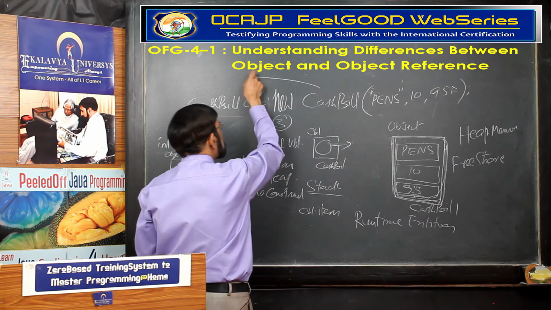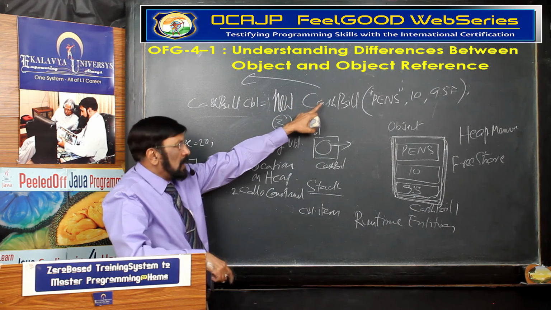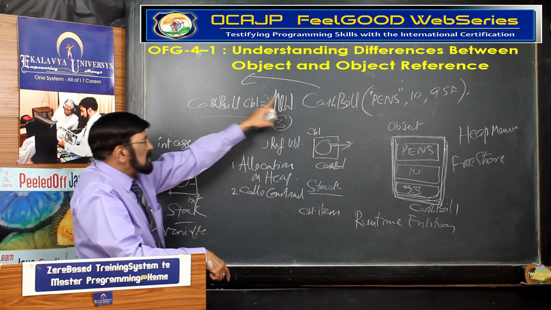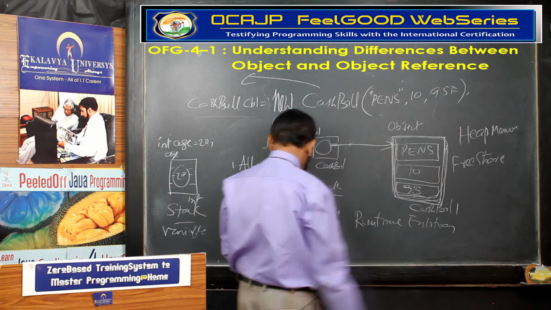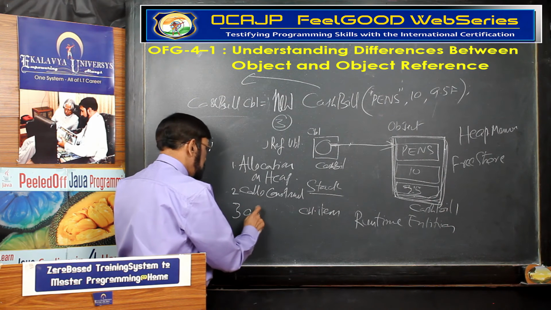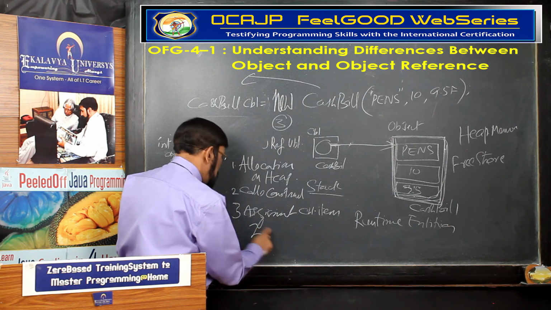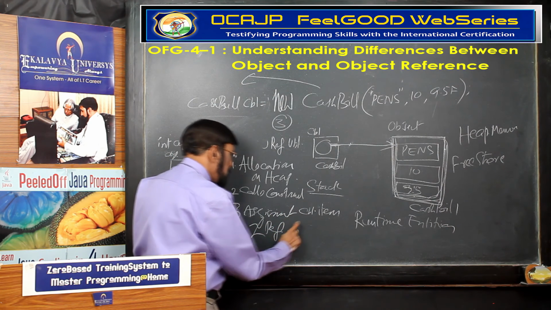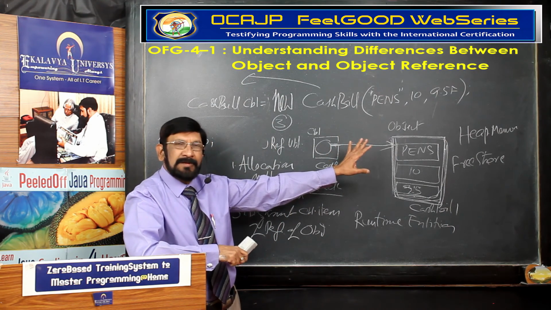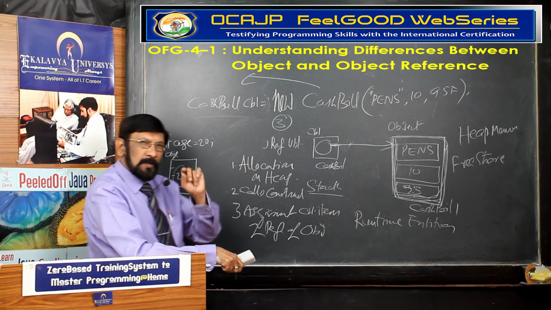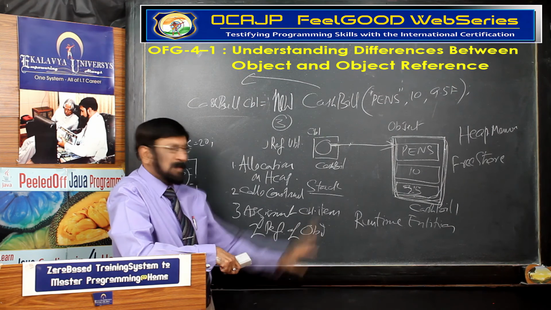The object reference gets assigned to CV1. The third job is the assignment of the reference of the object. As a result of that, this is created. That means we are able to tie the thread to the paper part of the kite. Then the kite is ready, like the object is ready.